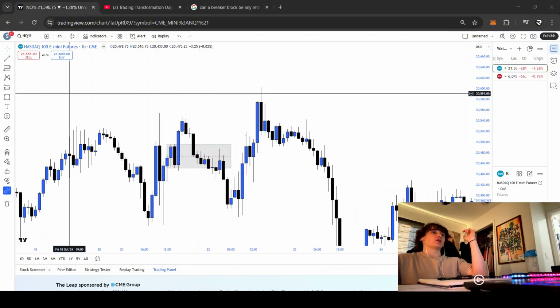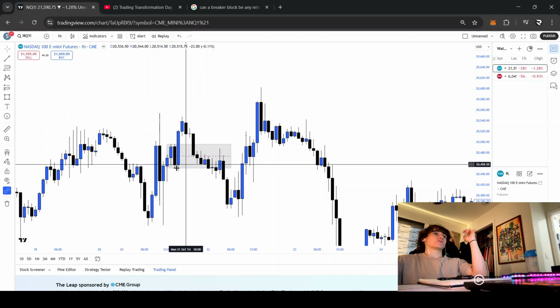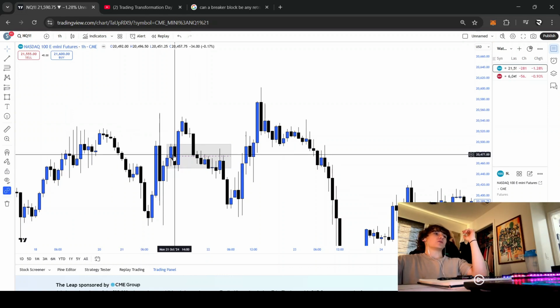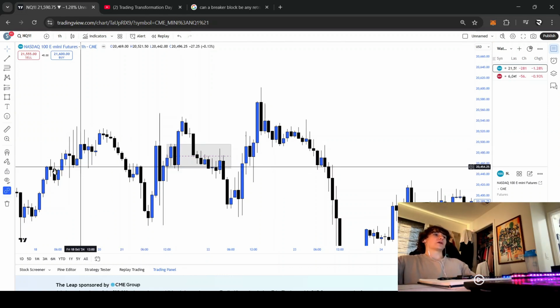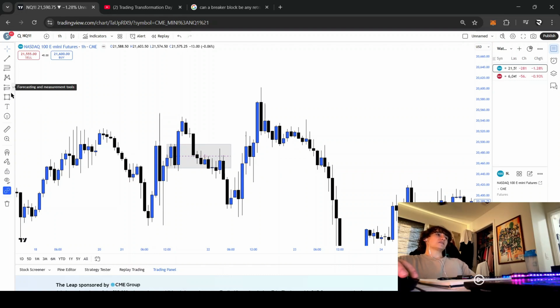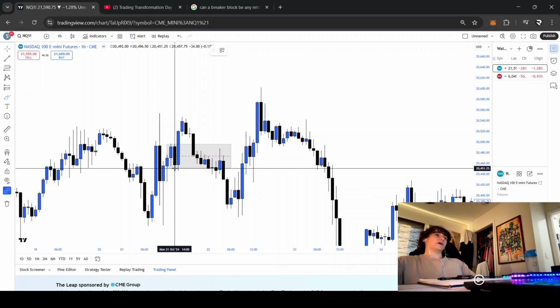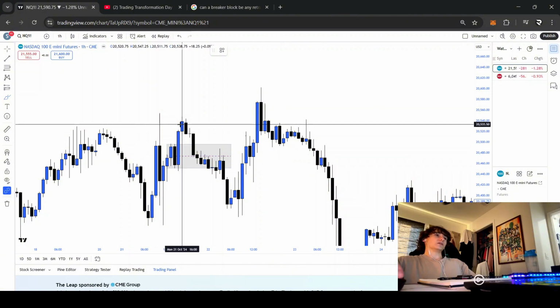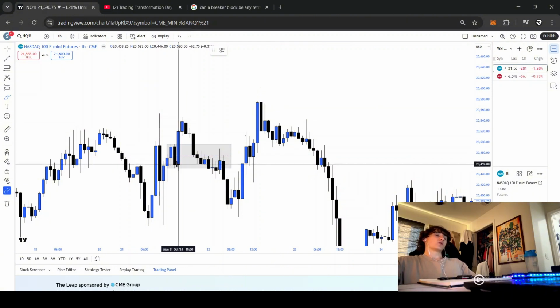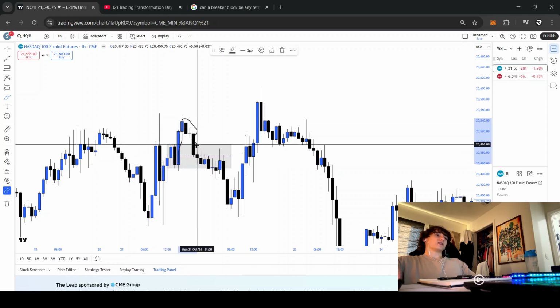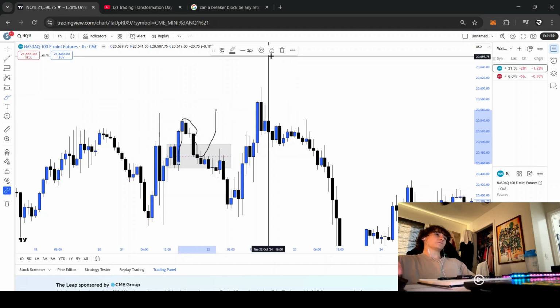Okay, so right here, this would be an order block, right? Like this move down right here. Why? Because basically we moved down, and then right in this level, we were able to fill a ton of buy orders. So an order block would be, okay, when we revisit this level, we're going to get a reaction from more buy orders.